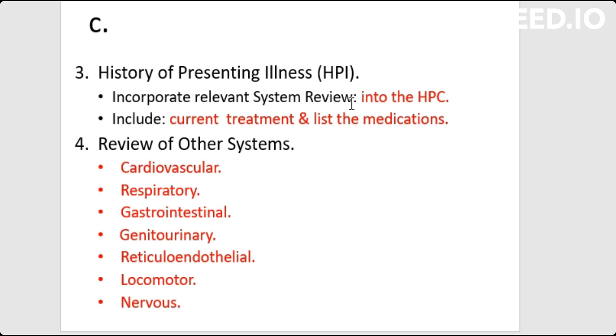For example, the patient is experiencing a respiratory complaint, and the respiratory system is related to the cardiovascular system because both of them are in the chest cavity. So respiratory and cardiovascular systems are related. So that system is relevant to the system which you anticipated to be involved.